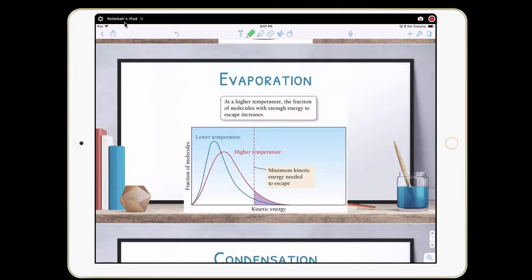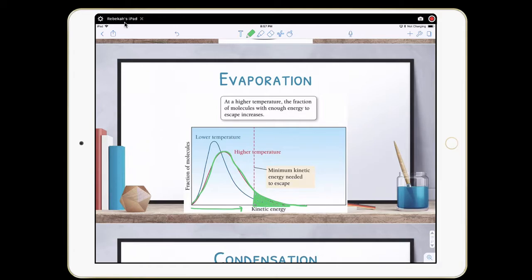This graph is showing us the kinetic energy and the fraction of molecules that exist at lower and higher temperatures. If you increase the kinetic energy, you get this fraction of molecules that are at a higher temperature, which means you get more that are going to reach the minimum kinetic energy to escape the liquid form.